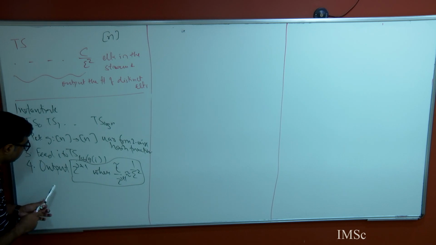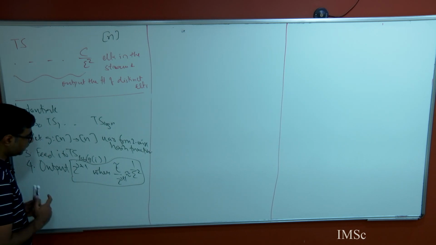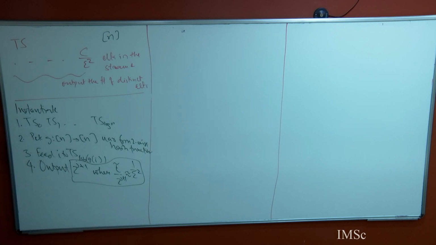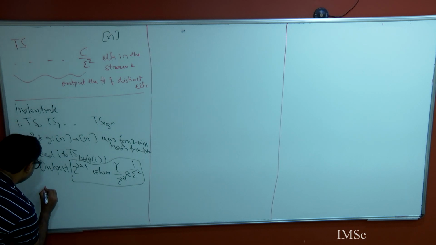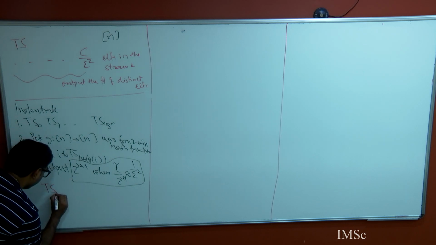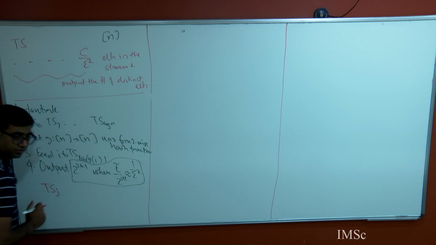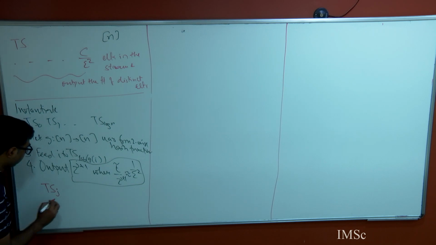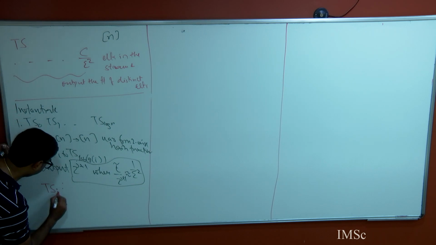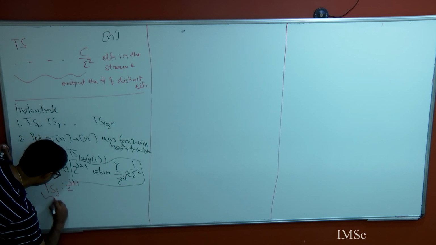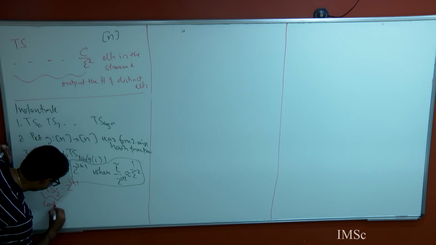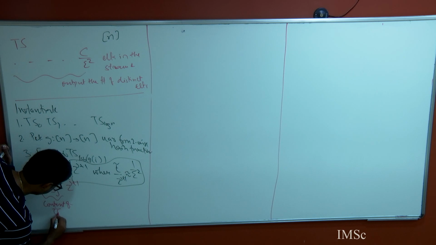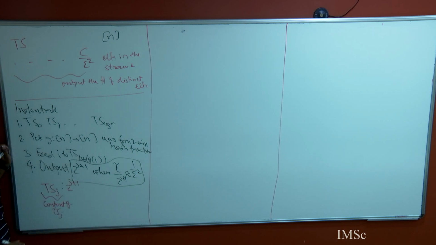What we needed to say here is that we output the content of that particular TS j, whatever number of distinct elements this particular data structure returns you, times 2 power j plus 1.